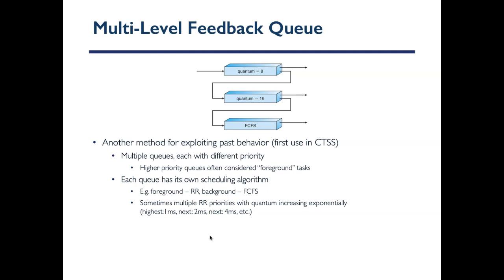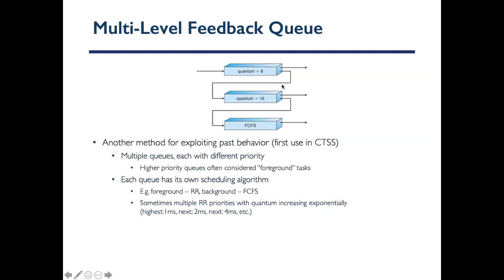The idea is, let's have different priority queues, and each priority queue has a different time quantum. Going back to the model of round robin, we can have a different time quantum for each queue.